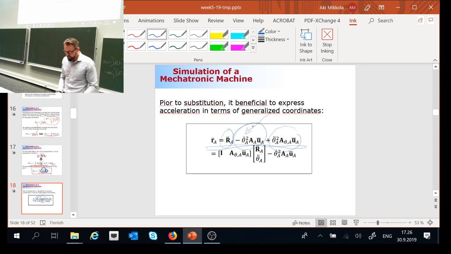Let's take a look. Prior to this, look what I did. I'm going to collect my generalized accelerations. These are generalized accelerations. I'm going to put them in one vector because I can identify that here is one component associated with generalized acceleration. Here is another one. Oh my God, I can see that there is a typing mistake.